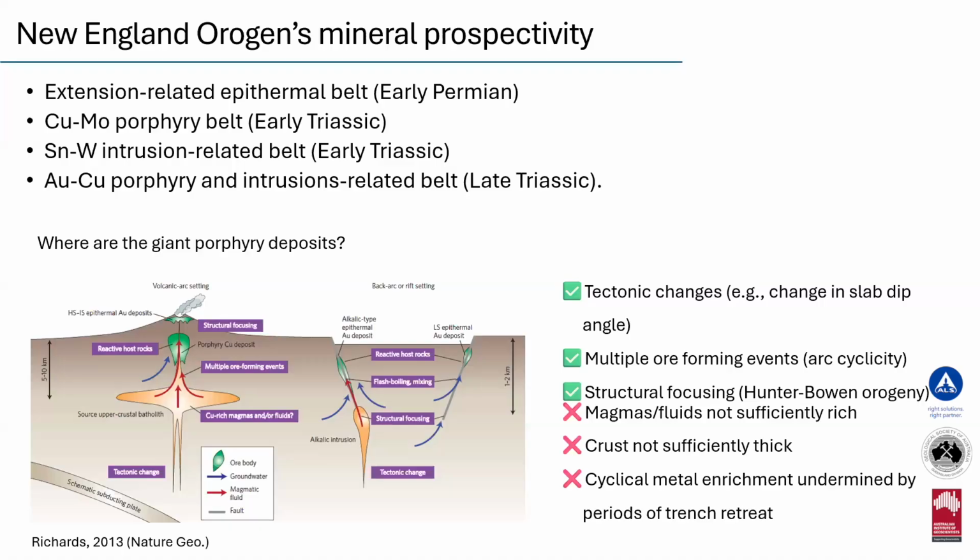So I guess the major difference is that the Andean belt was not subjected to those repeated periods of trench retreat. So trench retreat is not good for mineralization. Yeah.